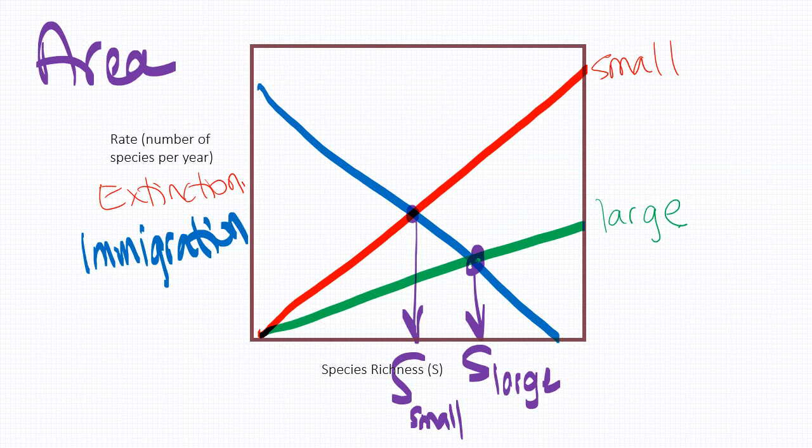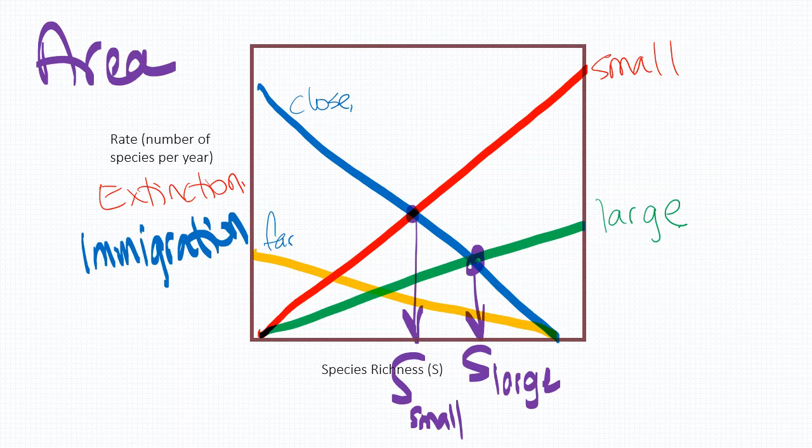At the same time, if we look at a more distant isolated island that has a low immigration rate, so this island is far and this island is close. You can see the immigration rates.